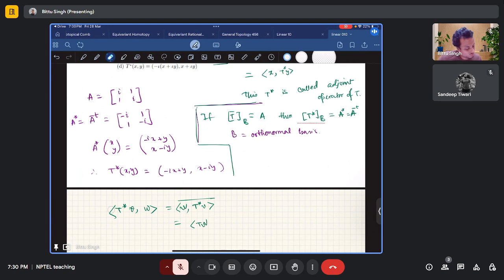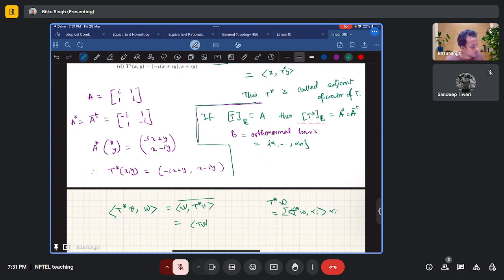So we actually don't need those things, because we know that any element T star w will look like this. We have already seen that fact. If given an orthonormal basis beta equal to alpha 1 up to alpha n, then T star w can be written as the sum of (T star w, alpha i) alpha i.